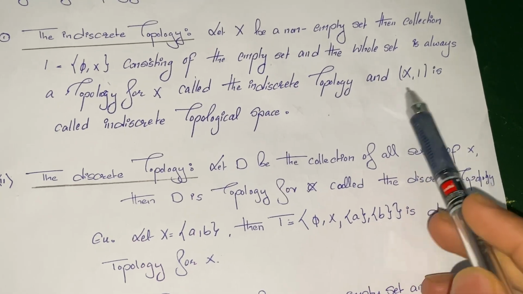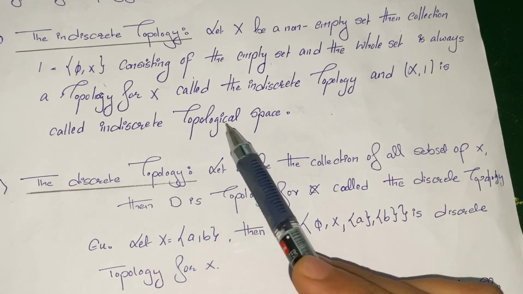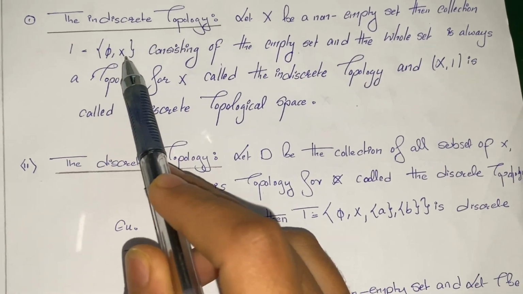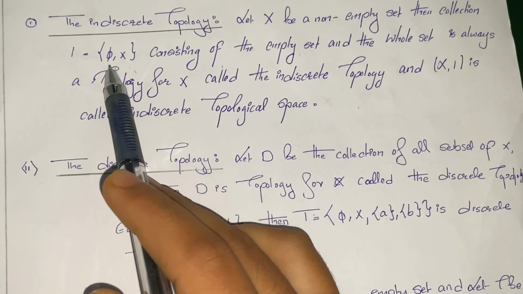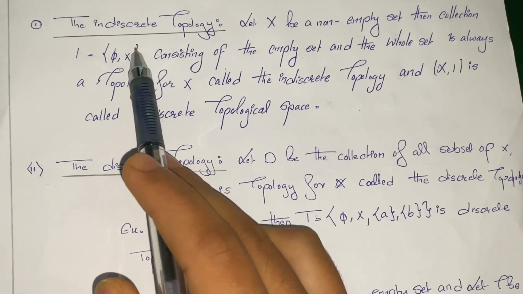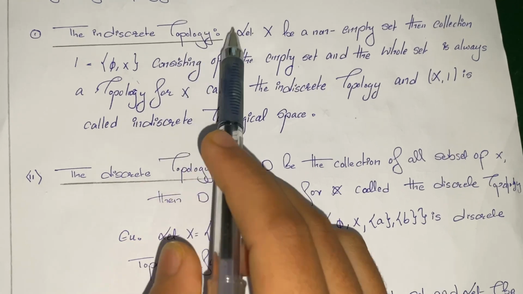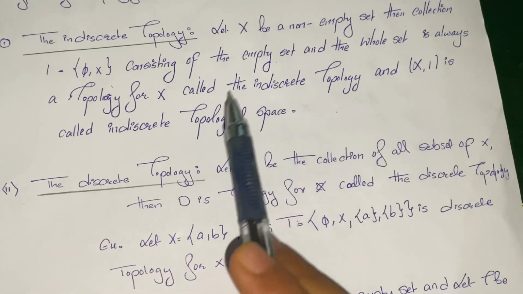And this space (X, I) is called the indiscrete topological space. We know that we have the null set and the whole set. If you take the union or the intersection, it always belongs to I.